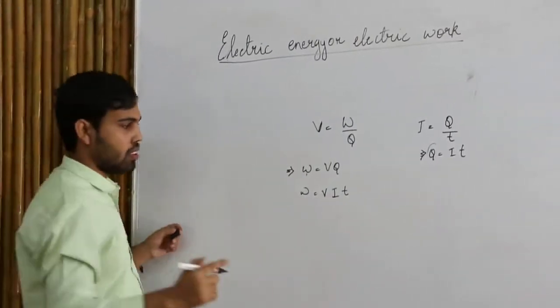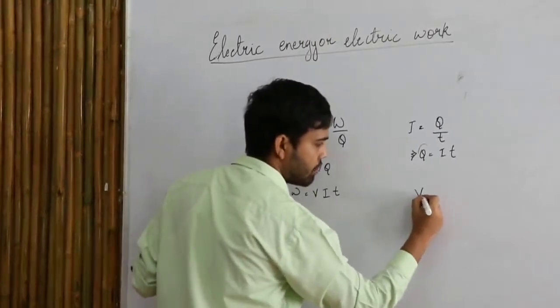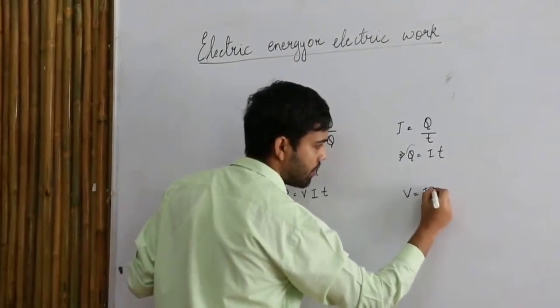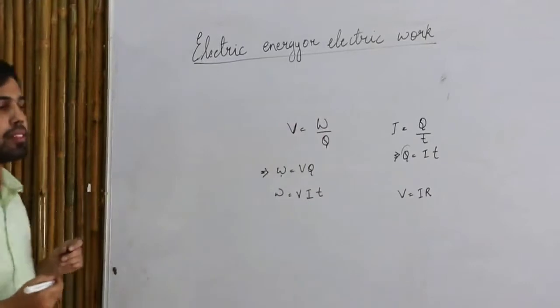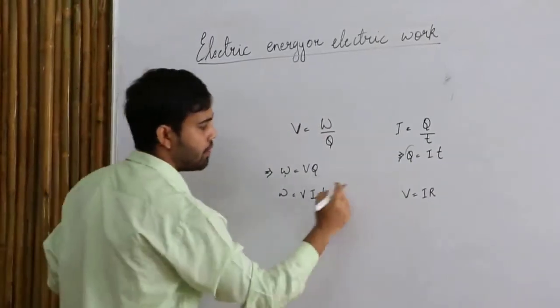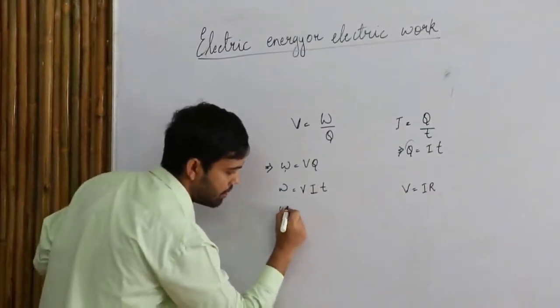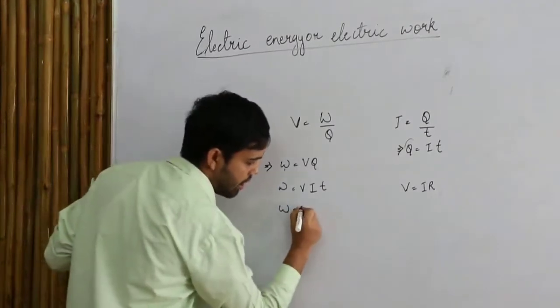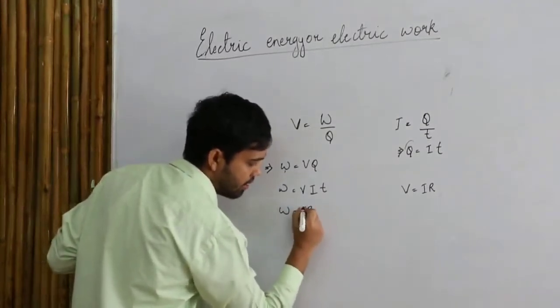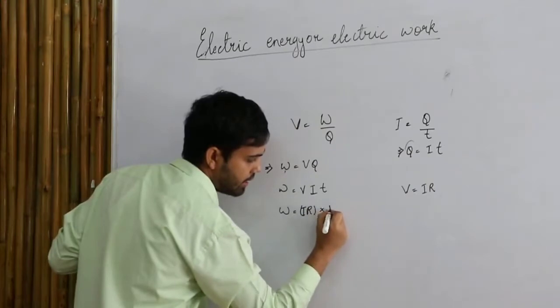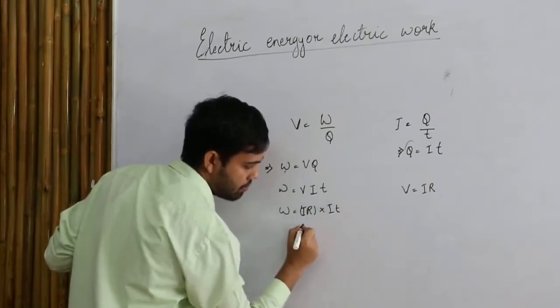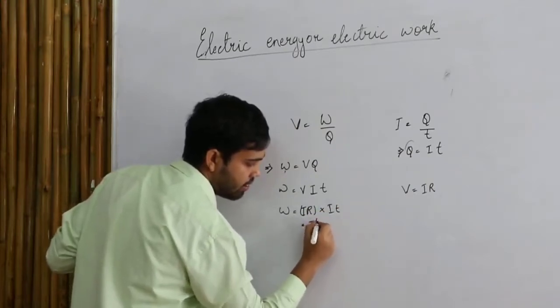Again, by Ohm's law, I have V is equal to IR. So when I replace the value of V in here, I have W equal to IR into IT. So I can write this as I squared RT.